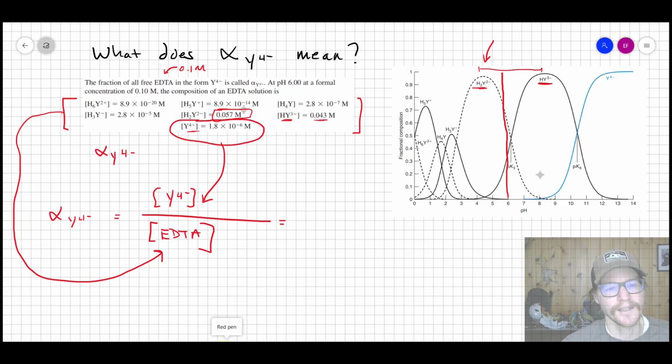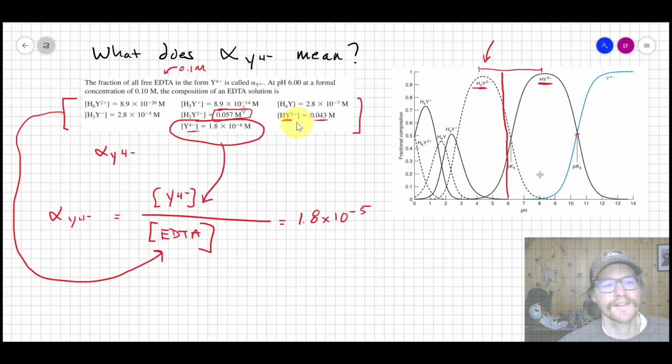That's in the 10 to the minus 6 range, because you can see its pKa doesn't really come into being until roughly 10.5. So this is quite low. So we can compute this, and that tells us the fraction of Y4- at pH 6 is 1.8 times 10 to the minus 5th. So it's a really, really small amount, which makes a lot of sense because we're at quite acidic pHs.